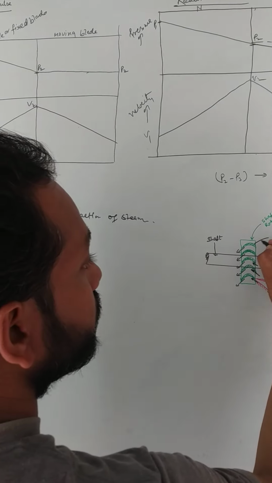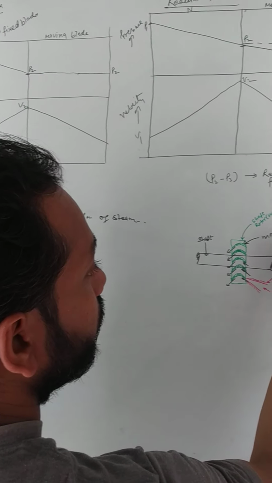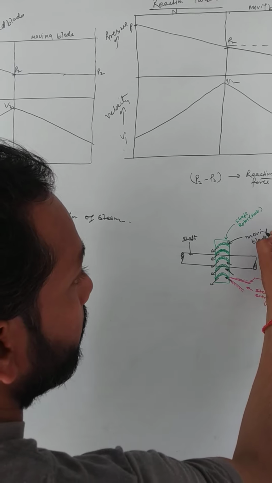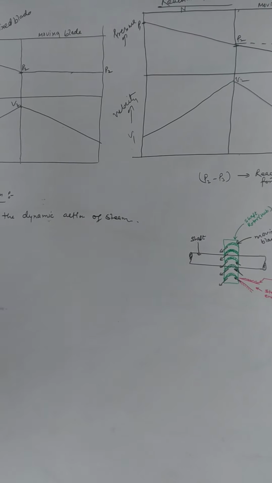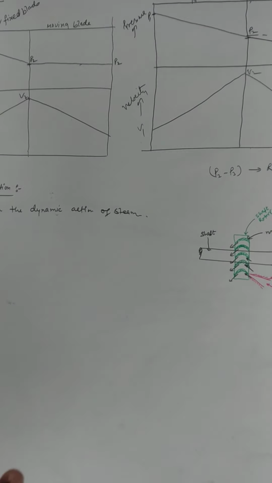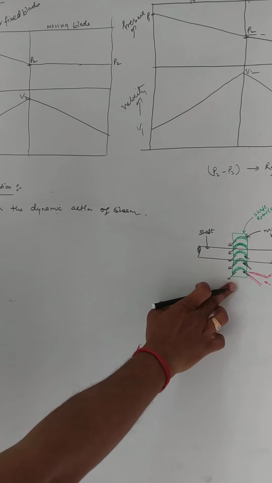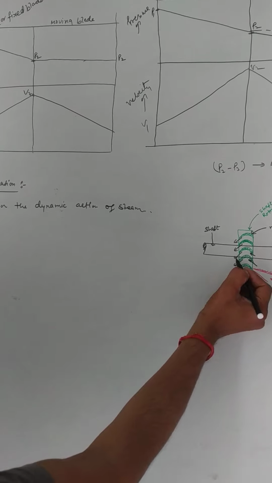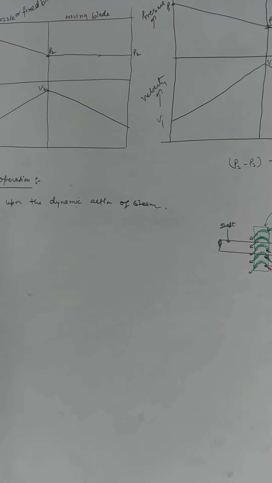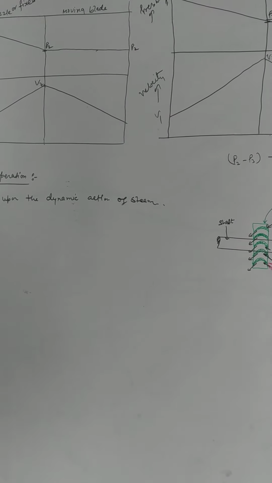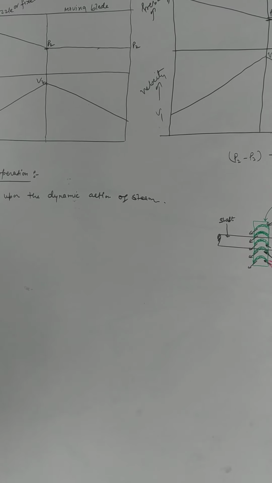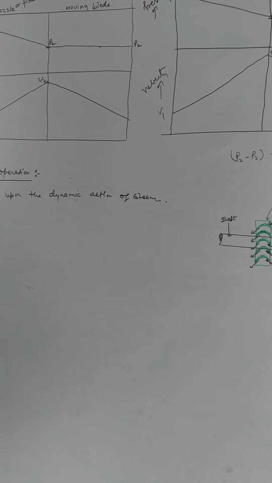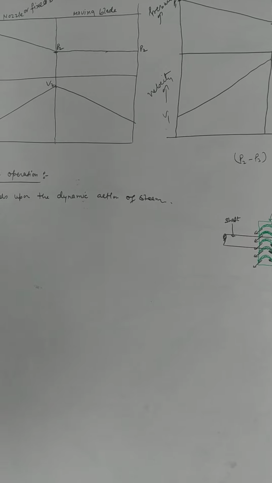The high velocity steam impinges on the moving blades and there is a change in direction, because it enters here and exits here. There is a change in the direction of the motion of the jet of steam. So there is a change in momentum, and hence we get a resultant force.